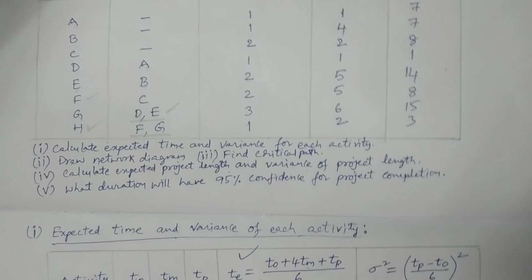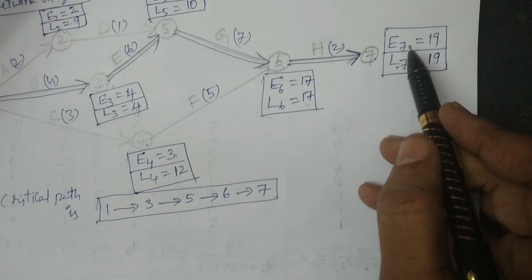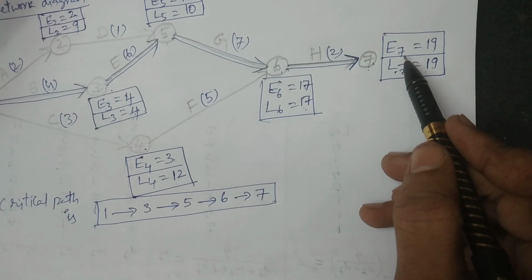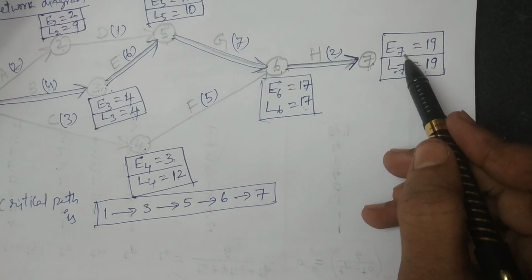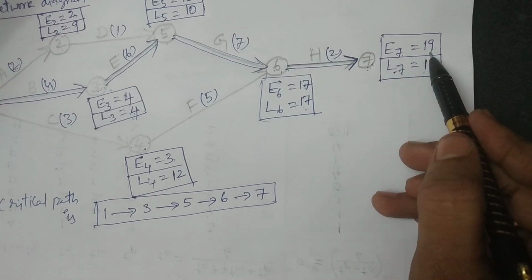First of all, the expected project length, I already specified, is obtained from the last event, the value of earliest time E, that is 19.